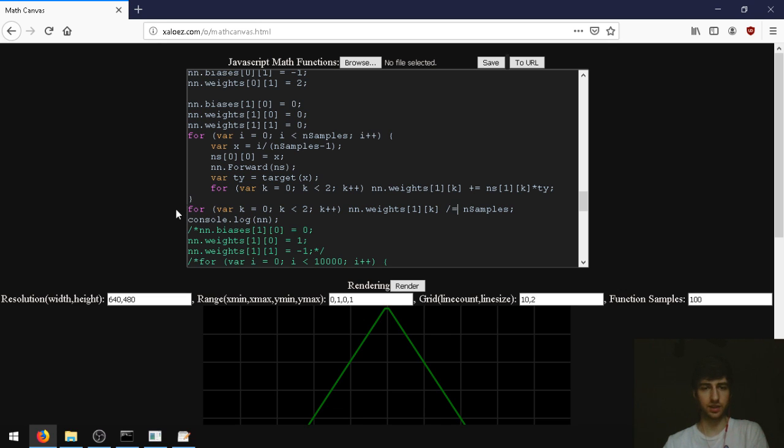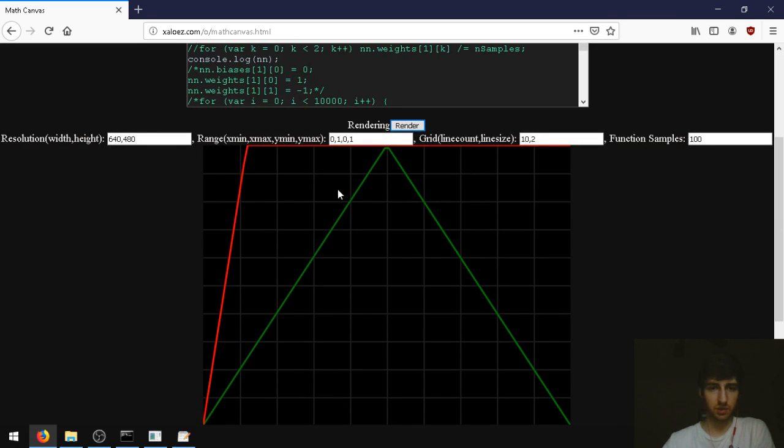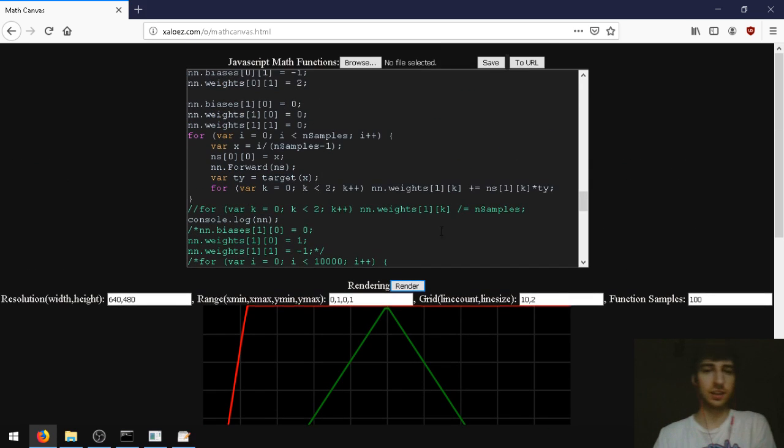Divide equals n samples. I feel like this is wrong. Let me experiment with that. That's way too high. Yeah, and it's not getting the negative either.